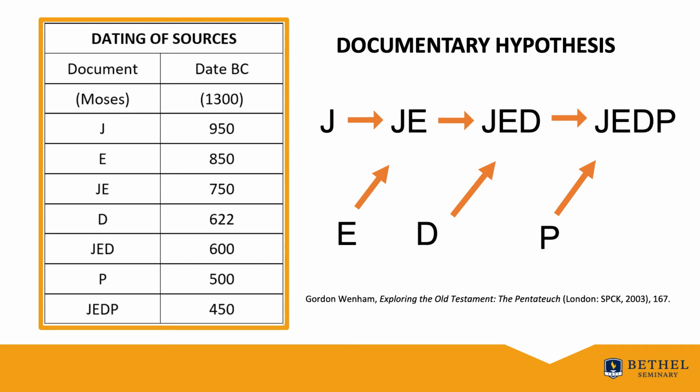The D source developed in 622 BC, and then the 3 sources J, E, D joined together in 600 BC. Then the P source appeared in 500 BC, and then finally the 4 sources J, E, D, P were combined in 450 BC.